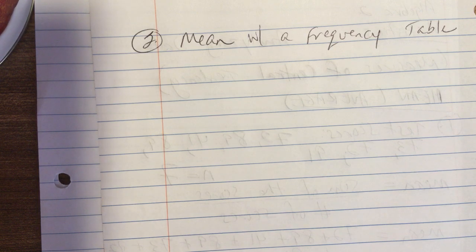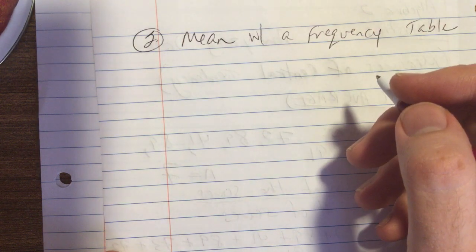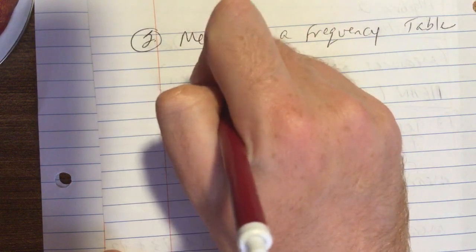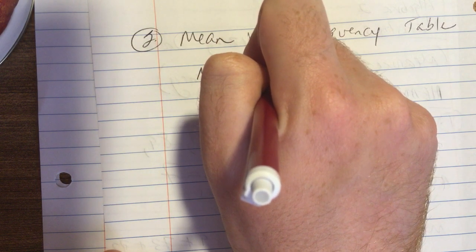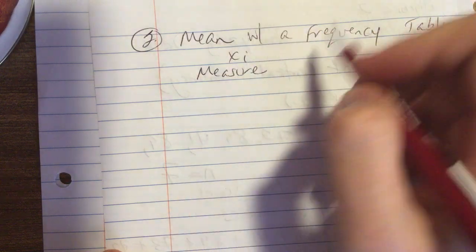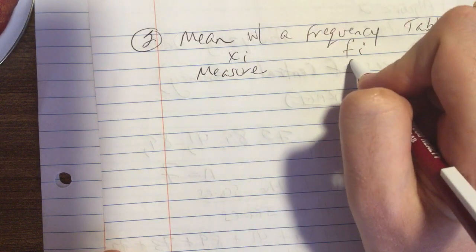For instance, let's say you would have the measurement or the data, and that would be expressed by x sub i, and then you're going to have f sub i, which is your frequency.